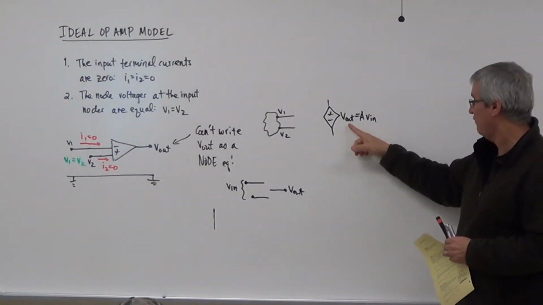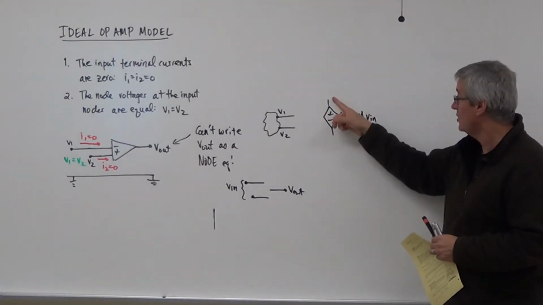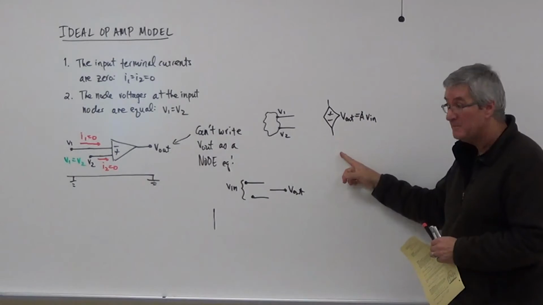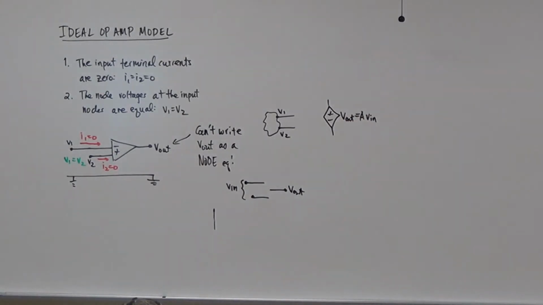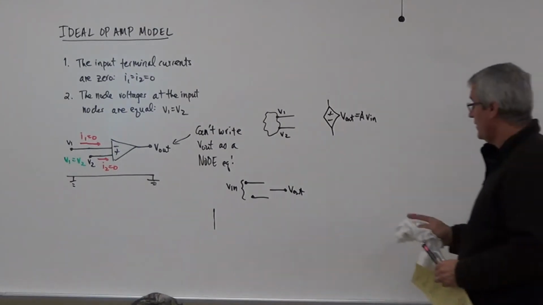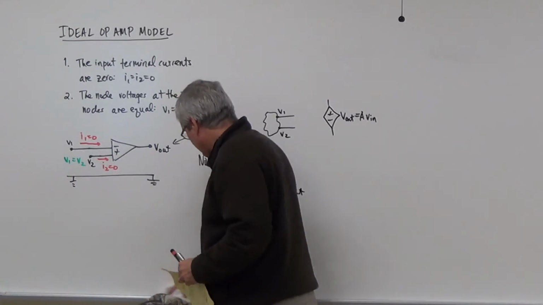You can't write a voltage source as a node. You can write the node above and the node below, but you can't write that as a voltage node equation.